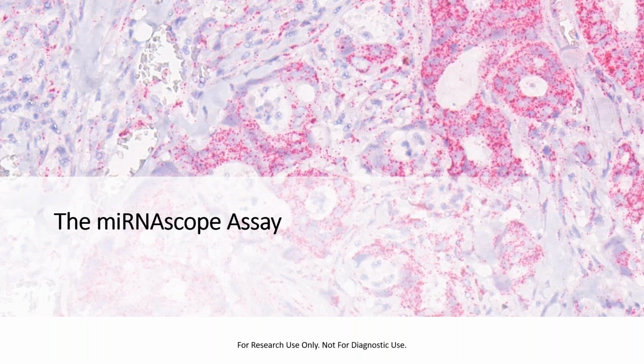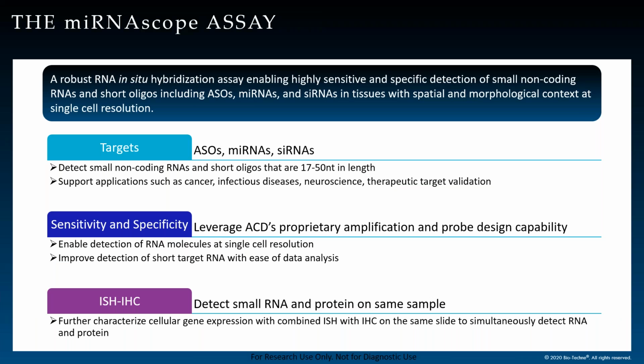In the next few slides, we'll begin our focus on the newest miRNAscope assay. Overall, the miRNAscope assay is a robust in situ hybridization assay, enabling highly sensitive and specific detection of small non-coding RNAs such as microRNAs and short oligos such as ASOs and siRNAs in tissues with spatial and morphological context at single-cell resolution.